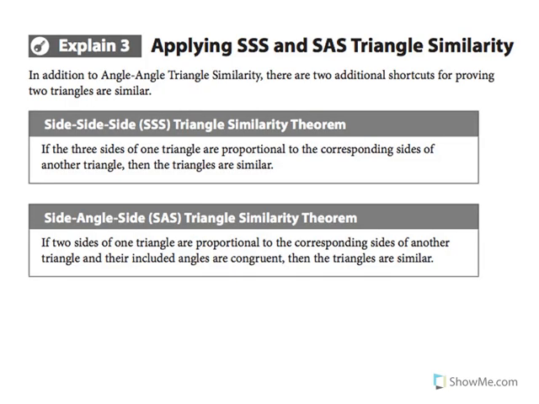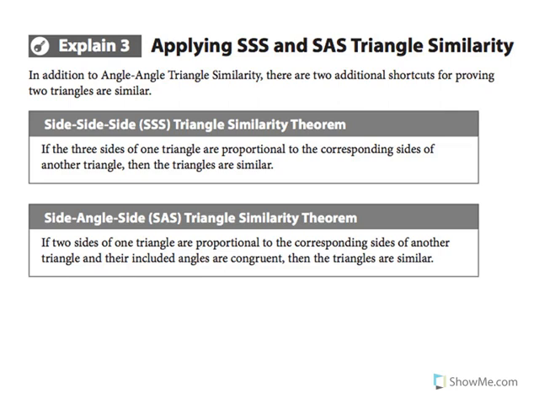Applying SSS and SAS triangle similarity. In addition to angle-angle triangle similarity, there are two additional shortcuts for proving two triangles are similar. Side-side-side, or SSS, triangle similarity theorem: if three sides of one triangle are proportional to corresponding sides of another triangle, then the triangles are similar.